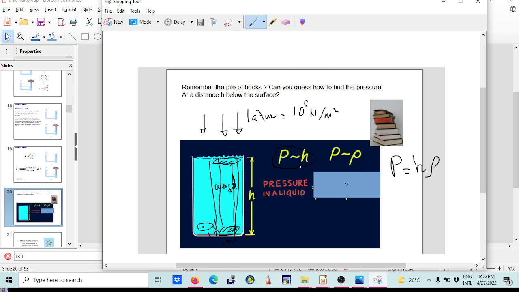For example, blood at the same height as water is going to exert more pressure because the density is higher. Mercury is very heavy, it's a metal, so the pressure is going to be larger. And of course it depends on which planet you are on. If you are on Jupiter, for example, the weight will be larger, so it's going to push harder.